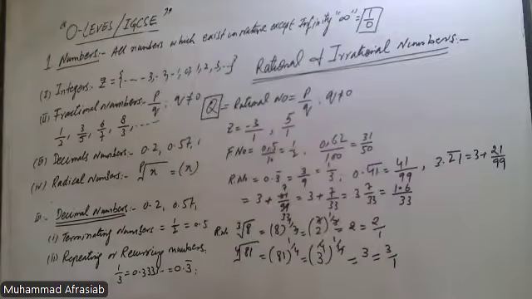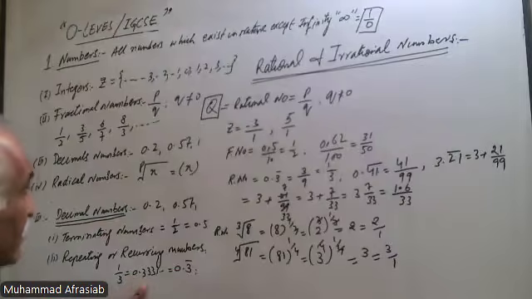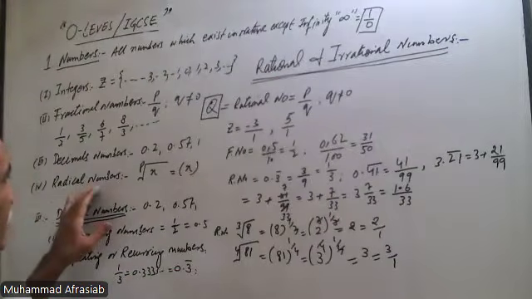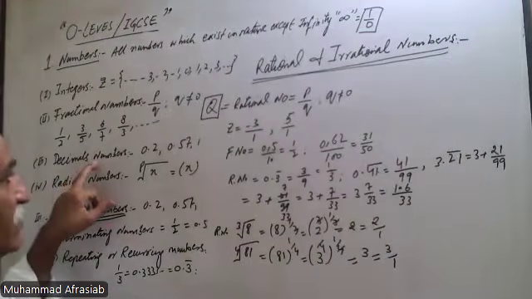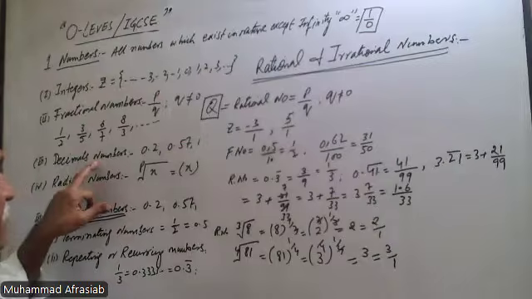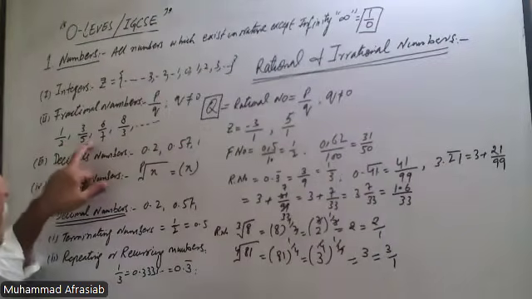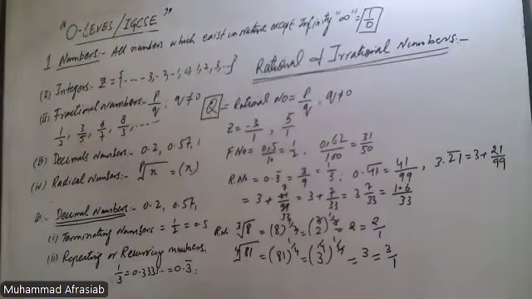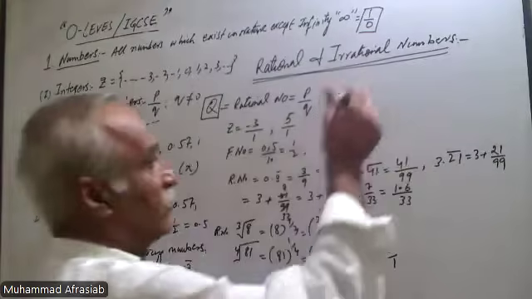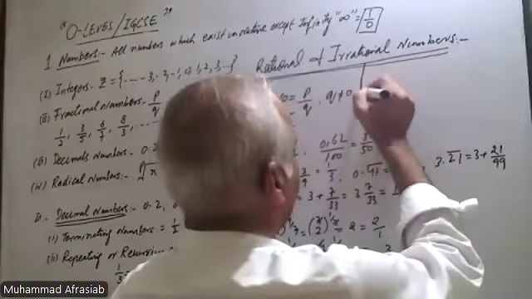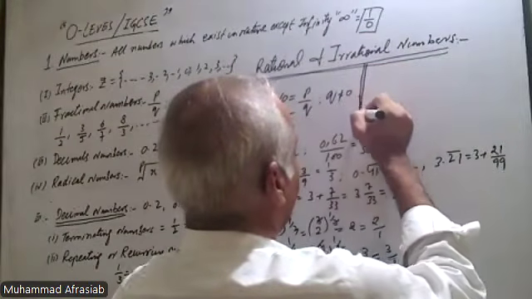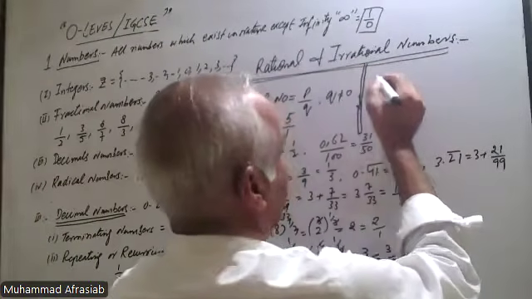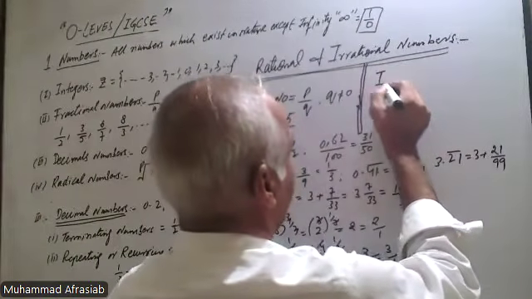All those numbers which are neither repeating nor recurring, nor radicals which can be exactly evaluated, nor decimals that terminate or recur, are called irrational numbers. The definition of irrational numbers is basically numbers which are not rational, and they are denoted by I.